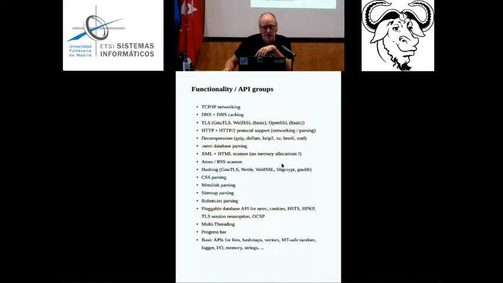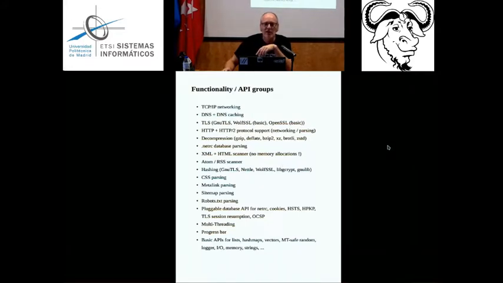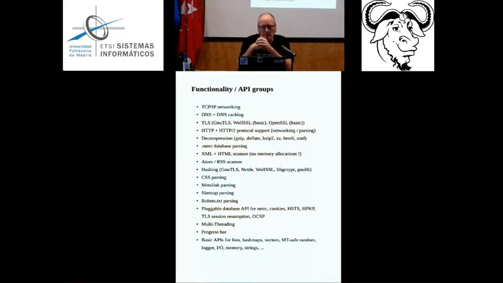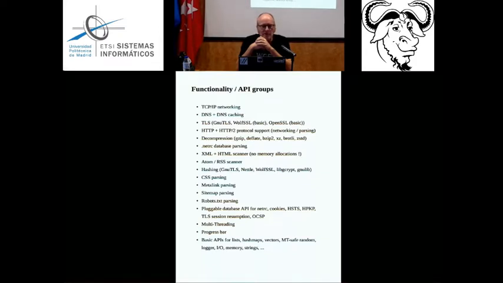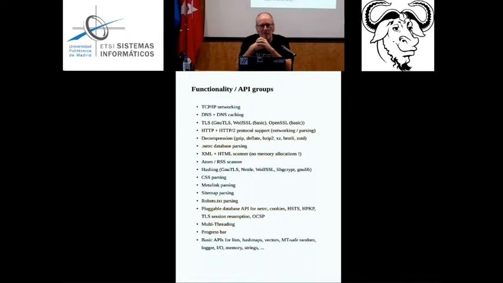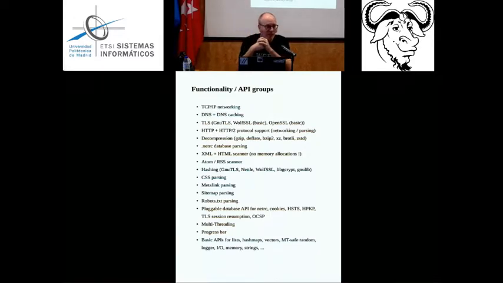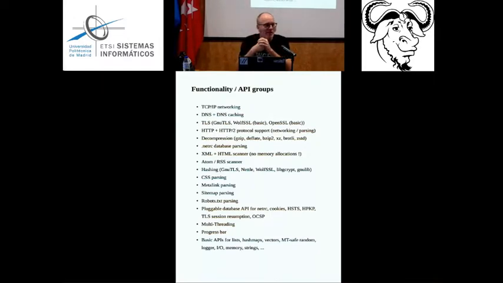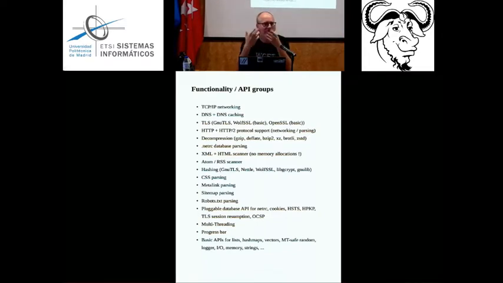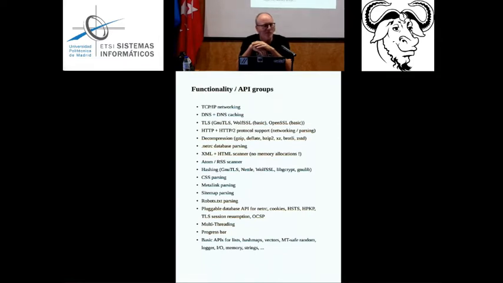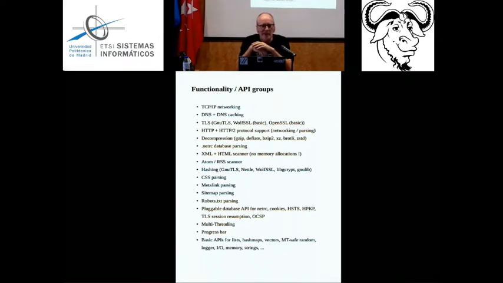Next page here. This is an overview about the most important functionality groups that we provide an API for. First of all, TCP/IP networking, of course. You can just open a connection. We will go to the examples later. We have DNS caching, with our own caching mechanism.